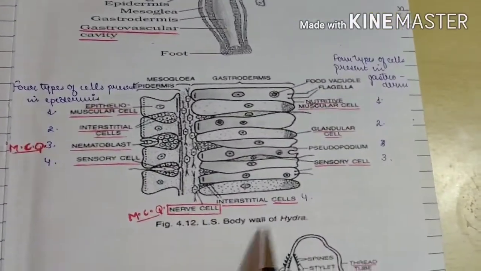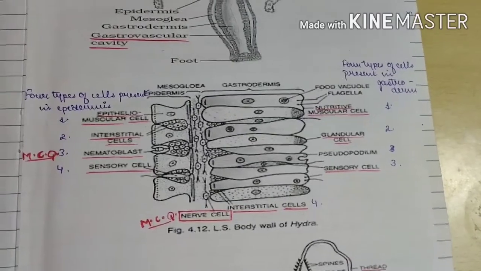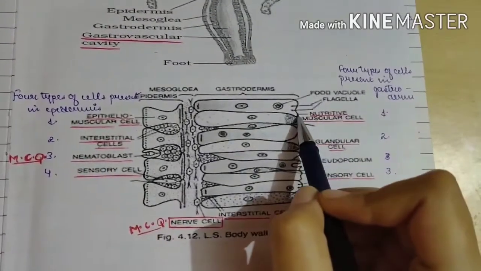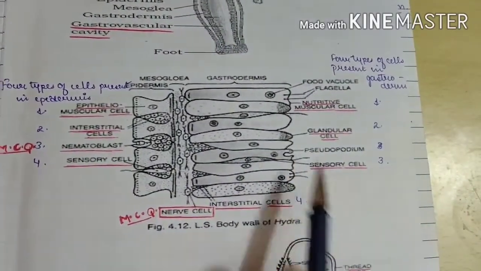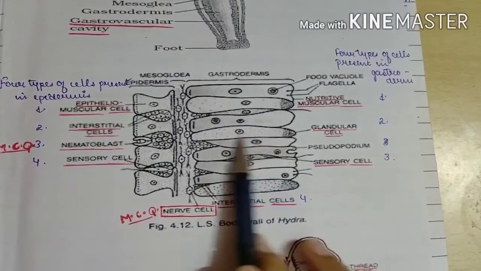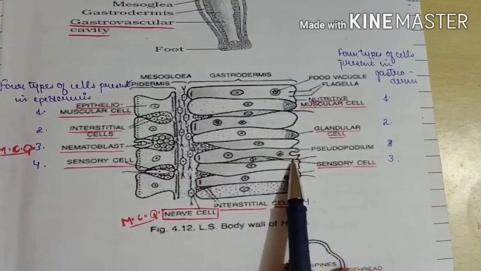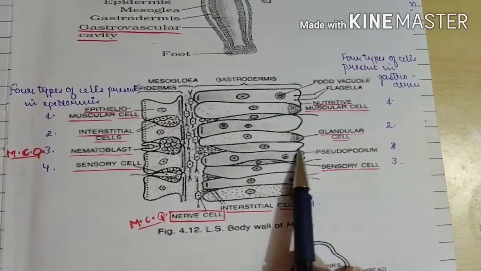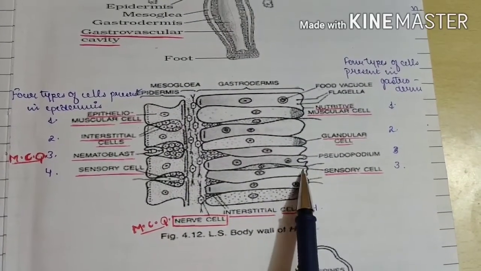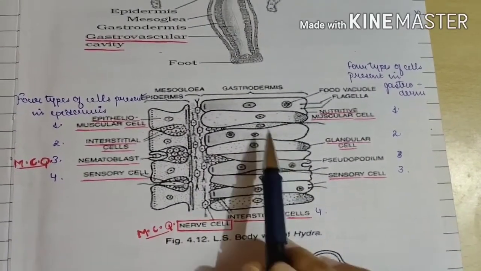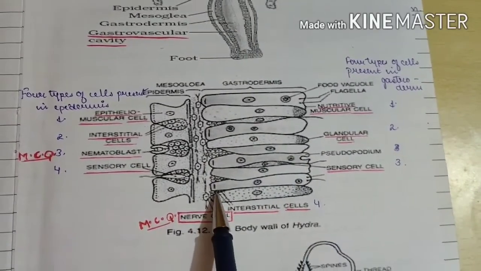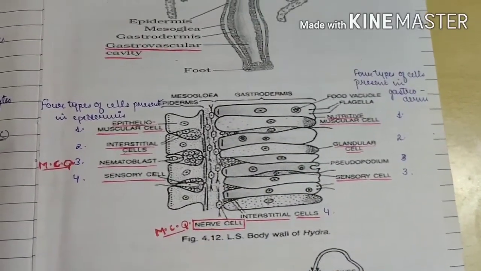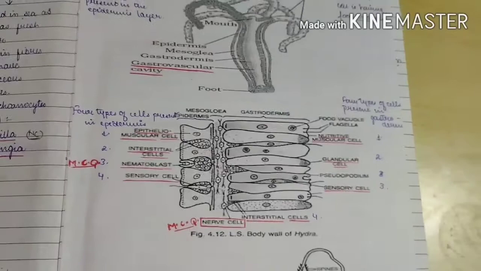Next is the body wall of the Hydra. As you can see, this is the nutritive or the muscular cell. These are the glandular cells. This is the pseudopodia for locomotion. These are the sensory cells present in between. These are the interstitial cells present on the front side.